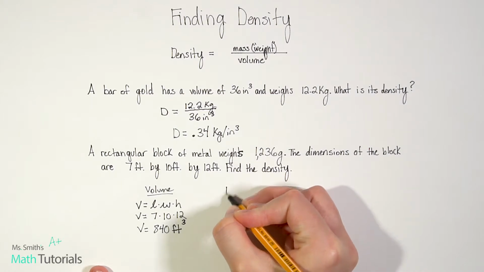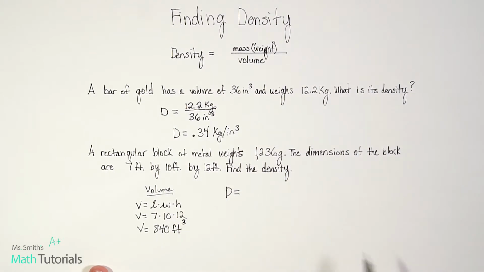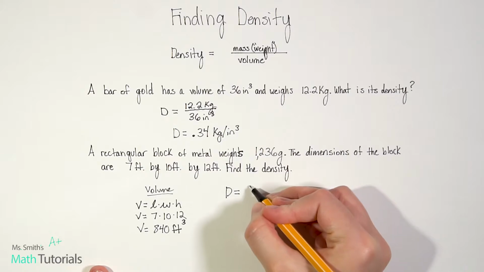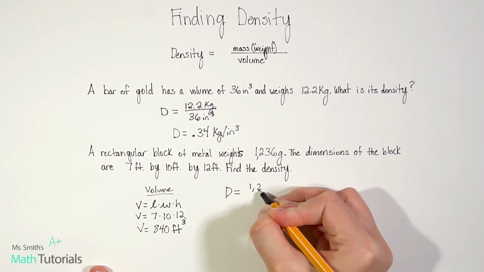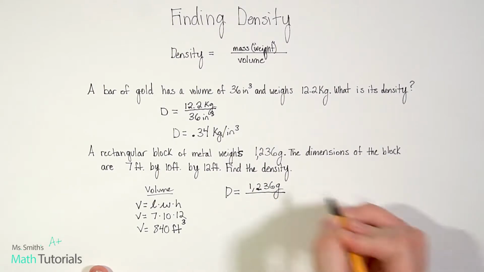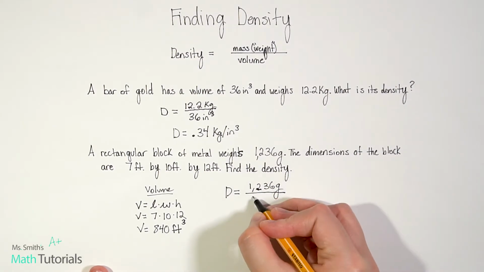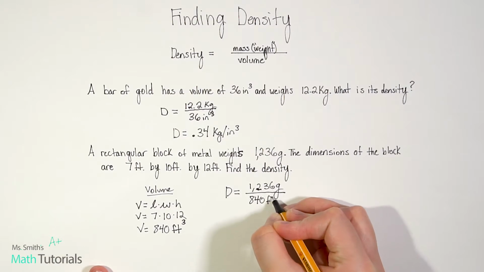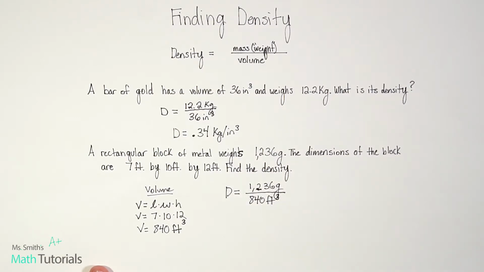So now that we know volume, we have enough information to find the density. So for our density, we say D equals our weight or mass, this time 1,236 grams, divided by our volume, 840 feet cubed.